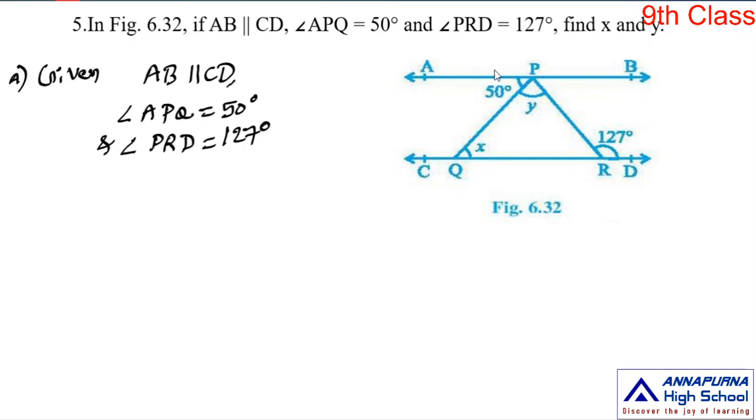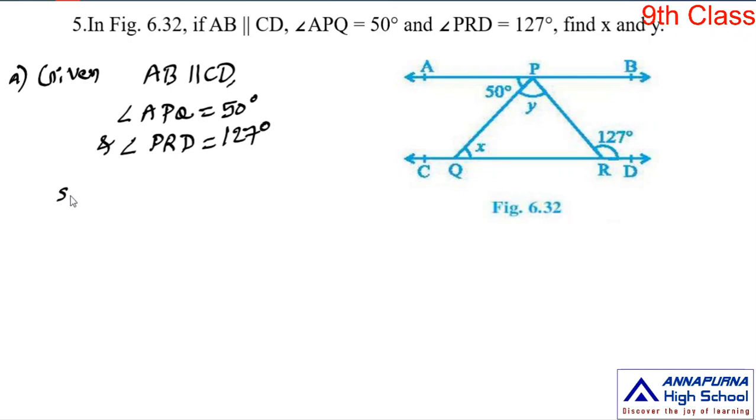See the figure. AB is parallel to CD and PR is the transversal. So angle APR is equal to angle PRD. These two angles are alternate interior angles and equal.